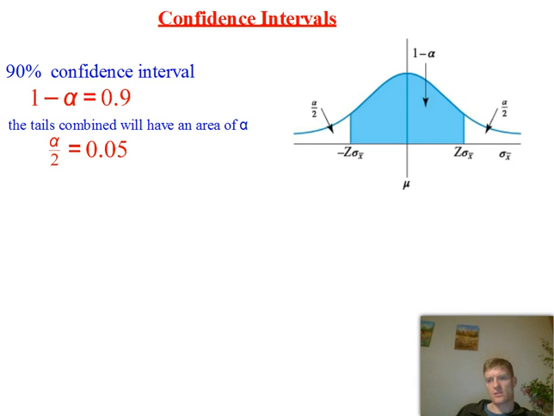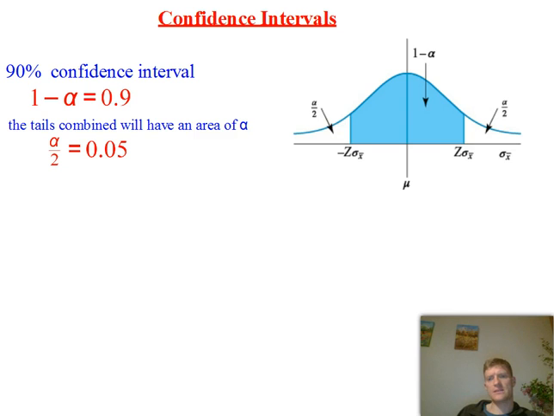Okay, so let's consider that the blue shaded area, this probability of 1 minus alpha, let's say we're forming our 90% confidence interval. So our 1 minus alpha is 0.9, and then the tails combined, this tail and this tail together, will have a total area of 0.05, okay, half of what's left.